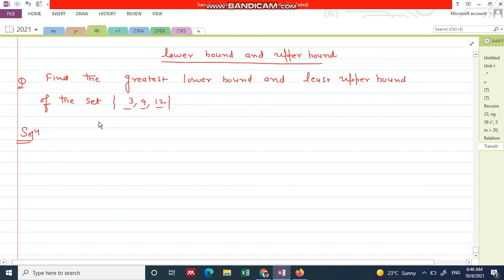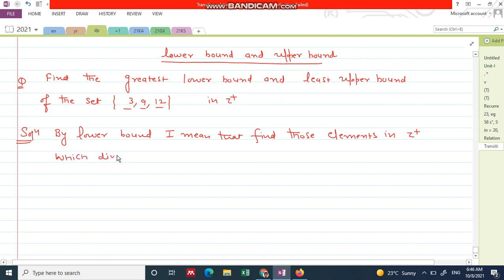Okay, I mean find those elements in Z plus, in the set of positive integers, which divide all these three elements.